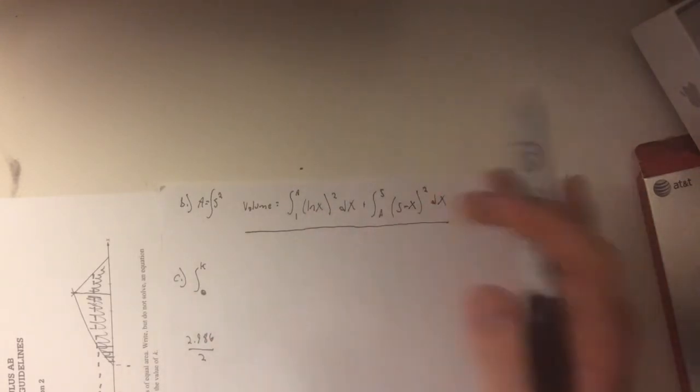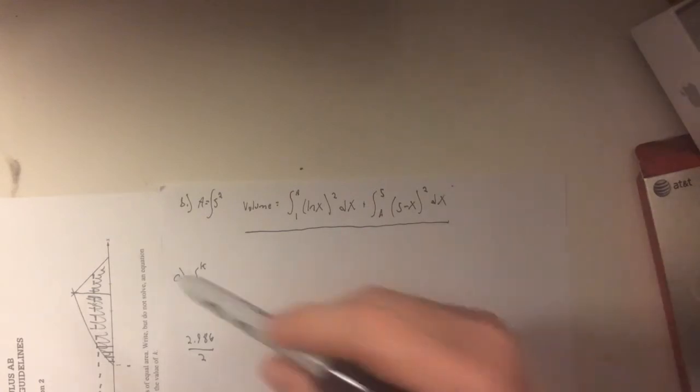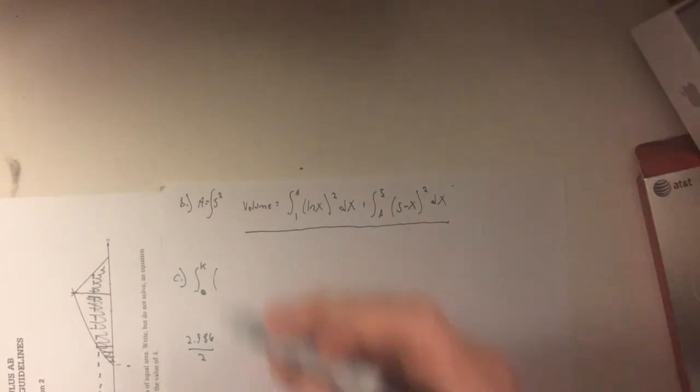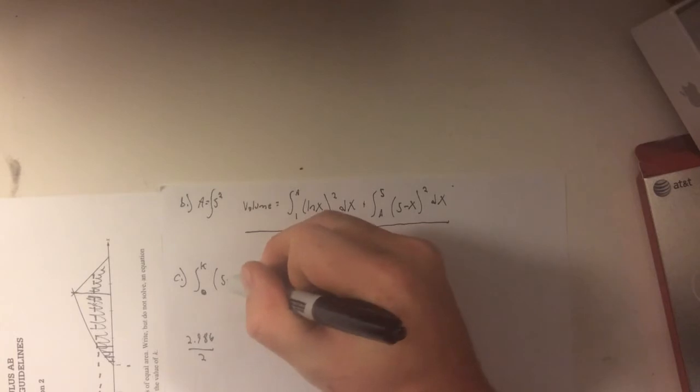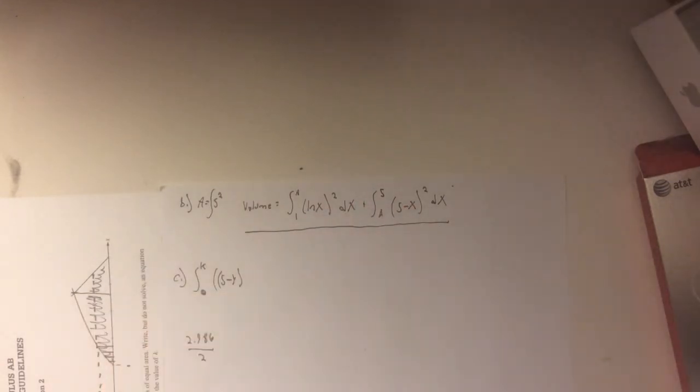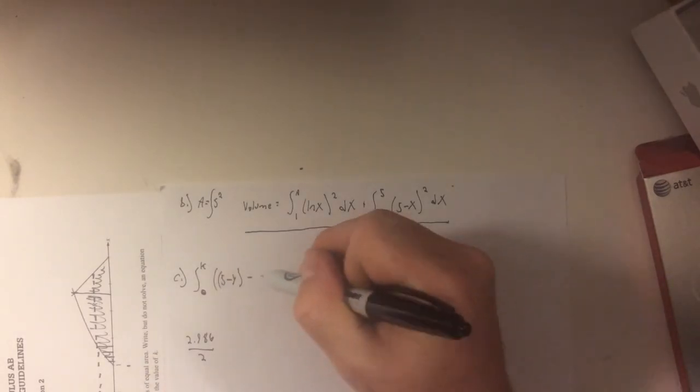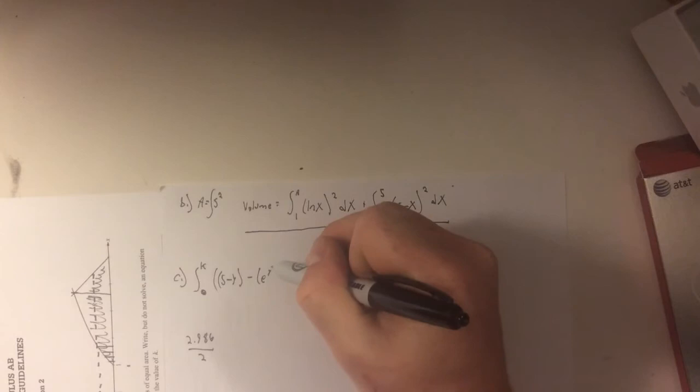So because we already know the answer to that, we can just set it up as an equation. So it's going to be the integral of 0 to k of 5 minus y, which is again this line in terms of y, subtracted from e to the y, which again is this line in terms of y.